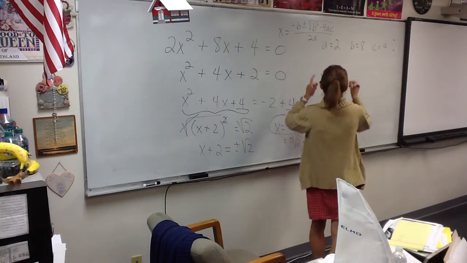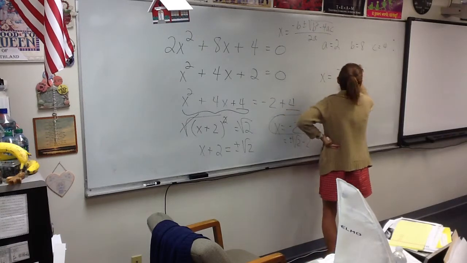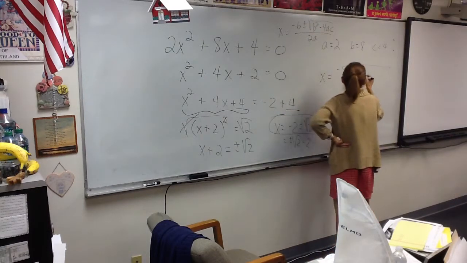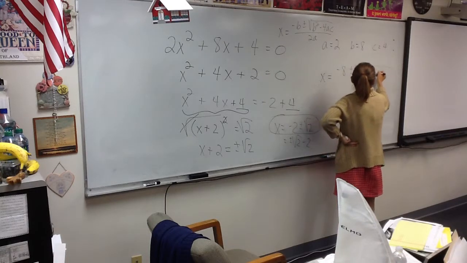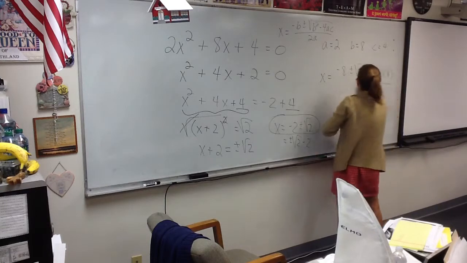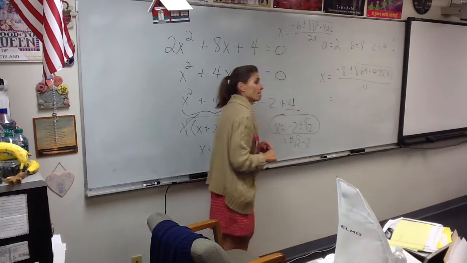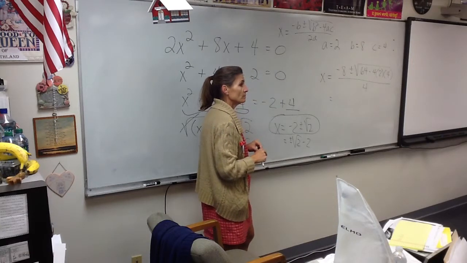All right, so now we're ready. x equals -8 plus or minus the square root of 8 squared minus 4 times a times c, all over 2a.